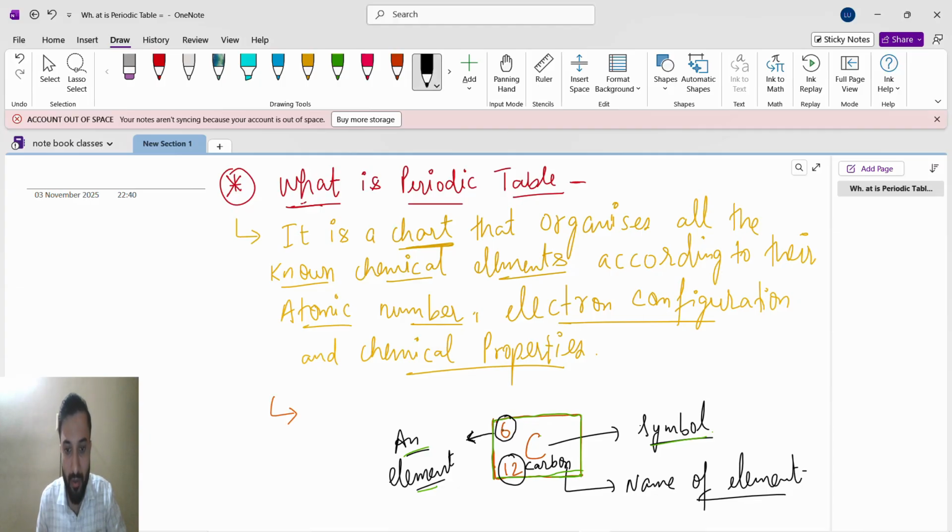Whatever the lowest number is, it is nothing but the atomic number.